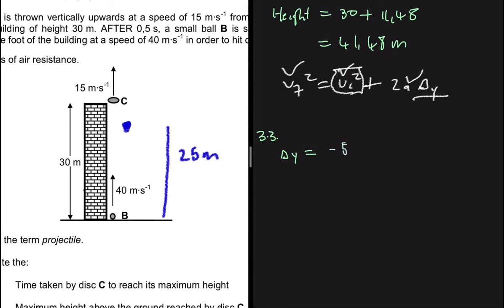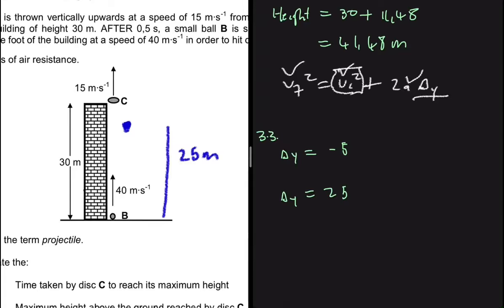And then if you calculate delta y for ball B, it is going to be equal to 25. So you can see here that we have an issue. You cannot calculate delta y for C and delta y for B and equate them to each other. Our formulas calculate displacement and not the distance above ground, right?